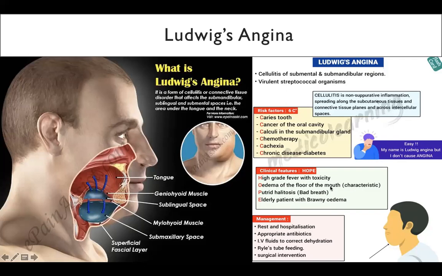There is edema of the floor of the mouth, frog-like edema, under the neck and lower jaw. It naturally looks like that, and it is characteristic for Ludwig's angina. Putrid halitosis, bad breath. Elderly patient with brawny edema, right? Easy. My name is Ludwig angina, but I don't cause angina. Okay. Management. How to take care of Ludwig's angina?